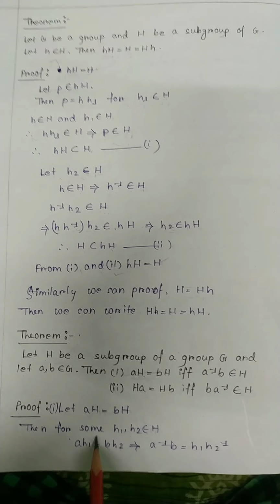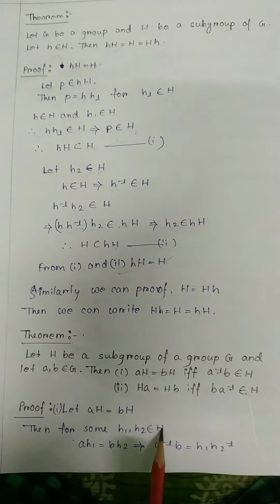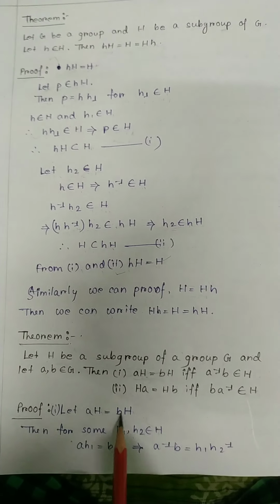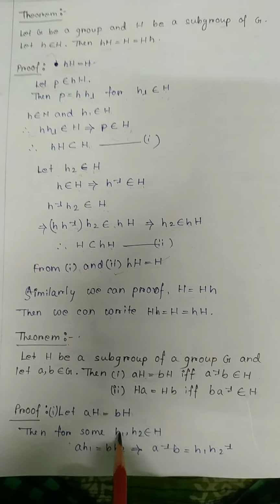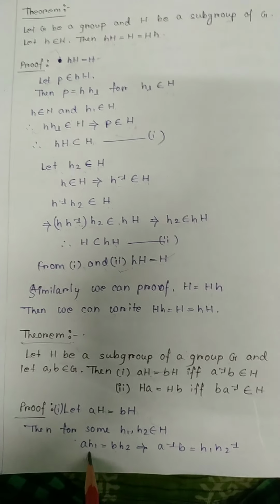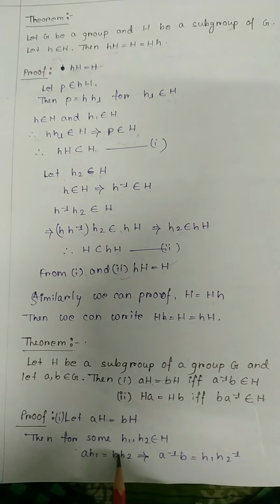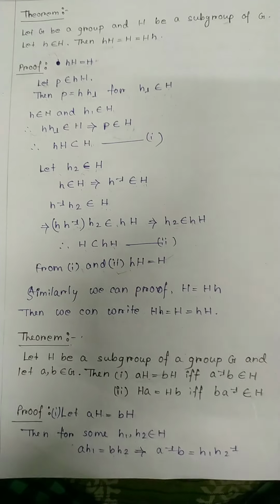Then for some h1, h2 belonging to H, ah1 equals bh2. As we take h1 and h2 as elements of H, we can write ah1 equals bh2. This implies a inverse b equals h1 h2 inverse.